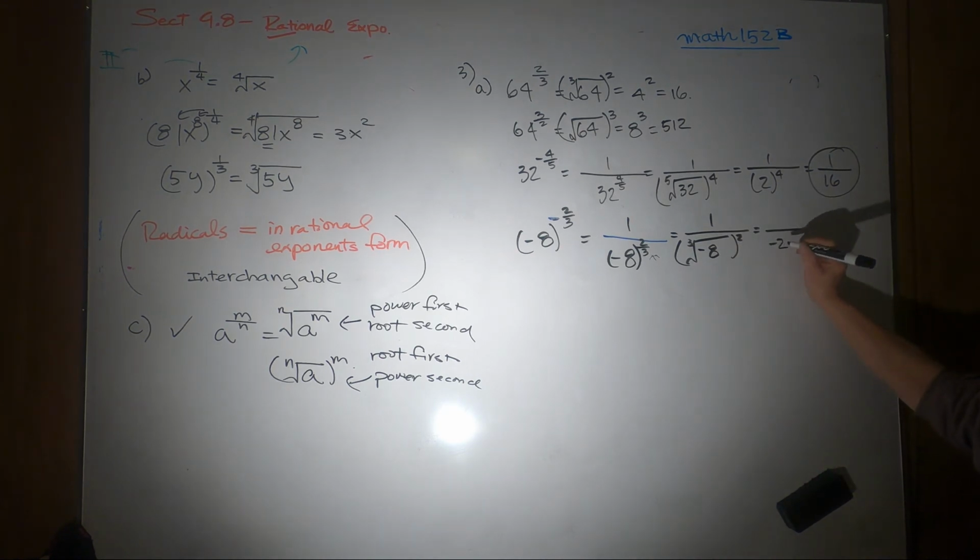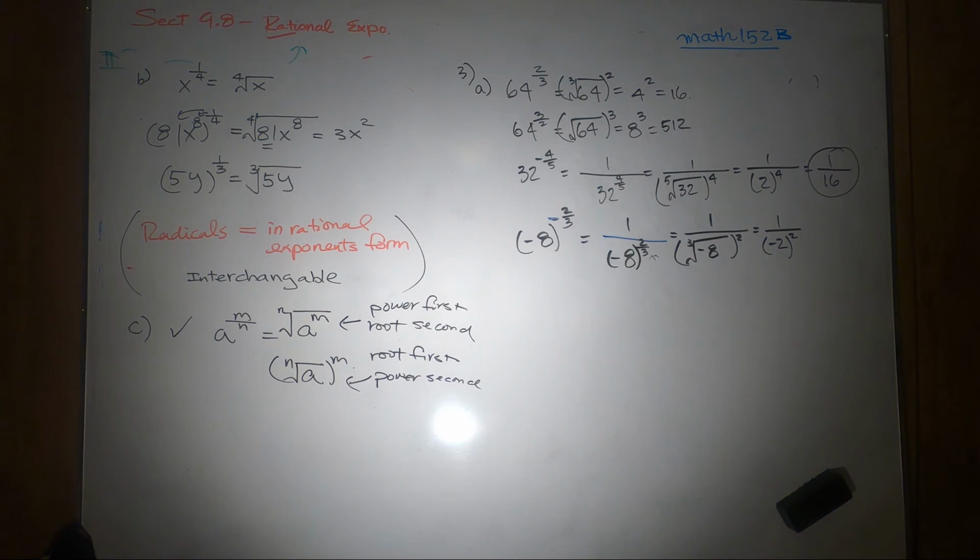Negative 2. Same thing, that's the whole base. You need to put the whole base in parentheses. Otherwise, the sign will not be correct, right? So negative 2 squared is what? 4, so the answer is 1/4. Otherwise, you will have a negative number in the denominator, which is not correct.